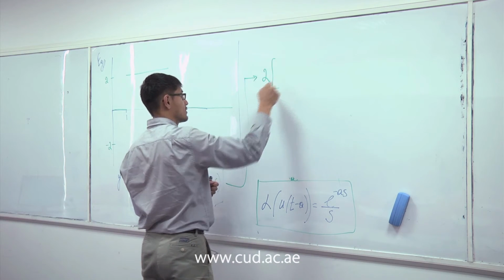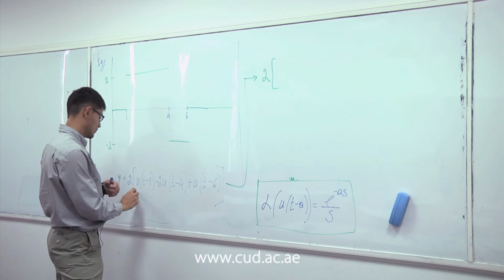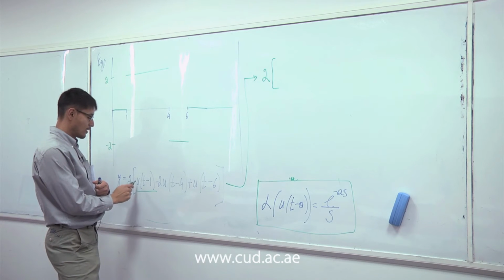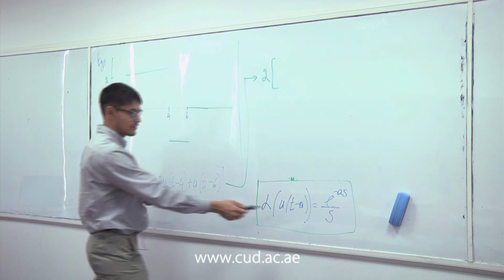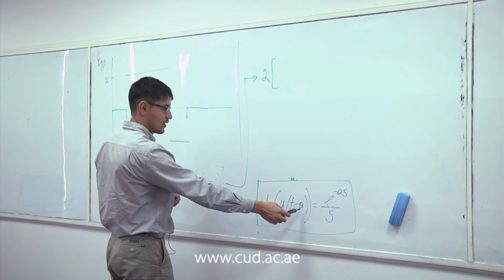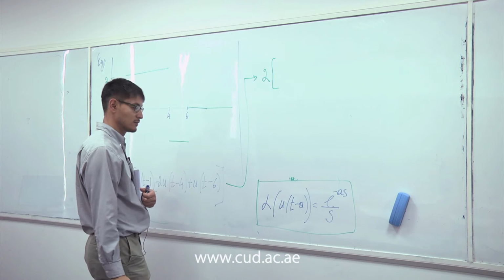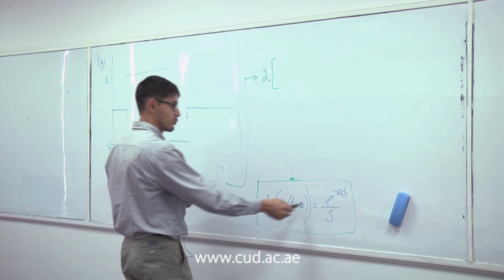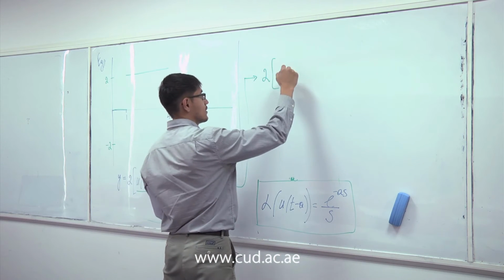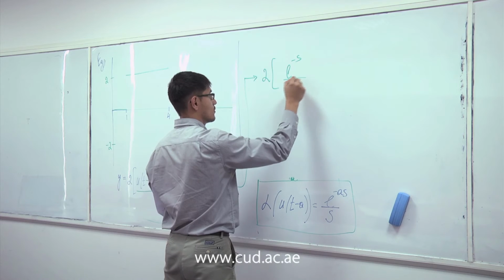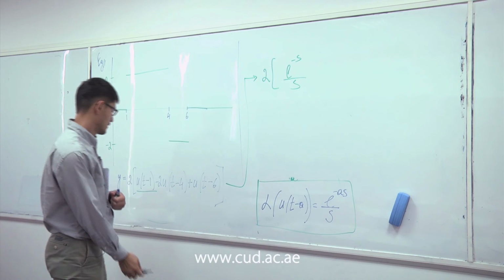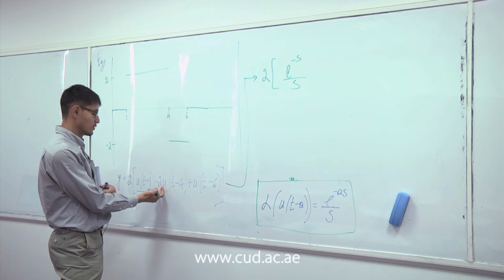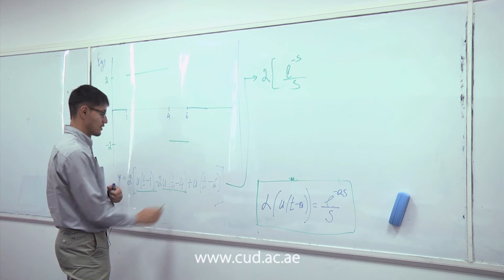So we have 2 times... What's the Laplace transform of u of t minus 1? Well, let's use this formula. Here a is equal to minus 1. And so put minus 1 in here, and you get e to the minus s over s. And then we have 2 times the transform of this.